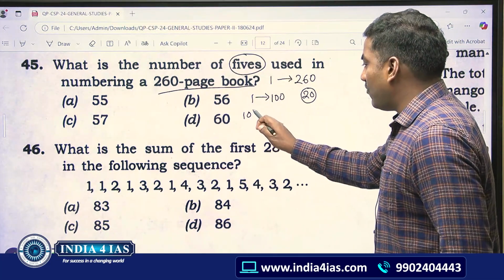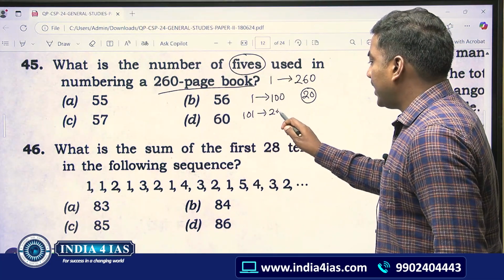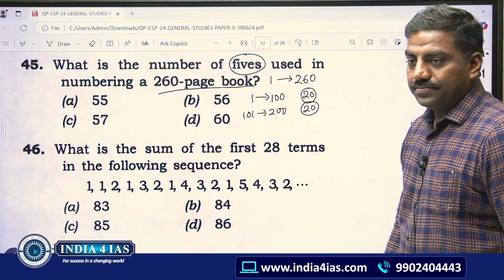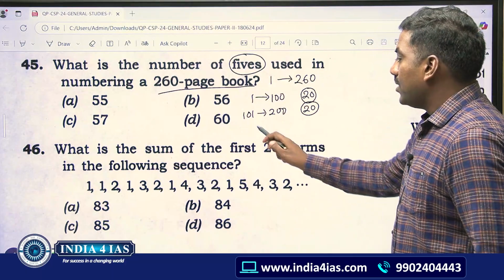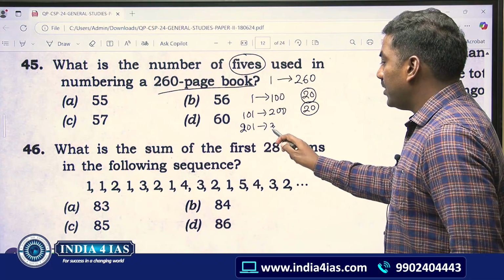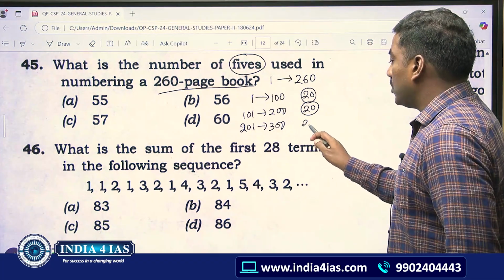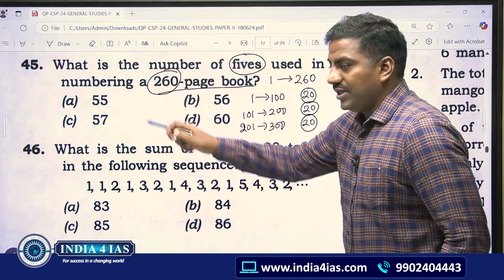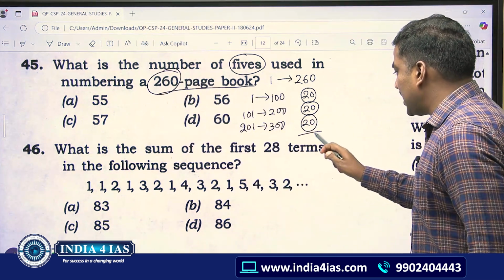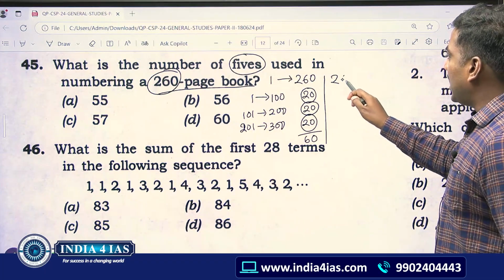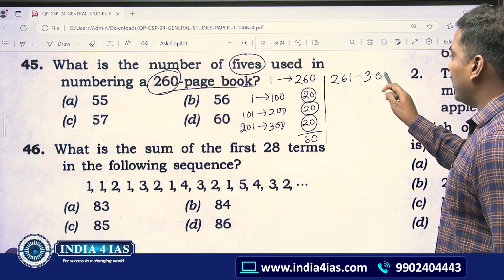From 101 to 200, again 5 is used 20 times. Then from 201 to 300, the 5s are used 20 times. But I want only up to 260. So for 1 to 300, there are 60 times. So I need to subtract, from 261 to 300, how many 5s will come?